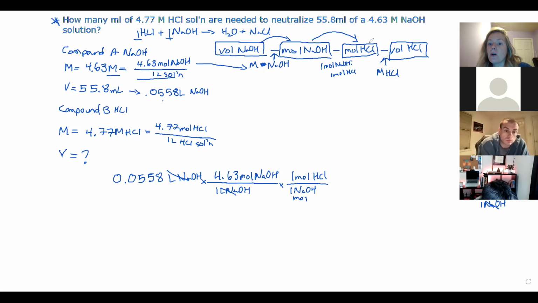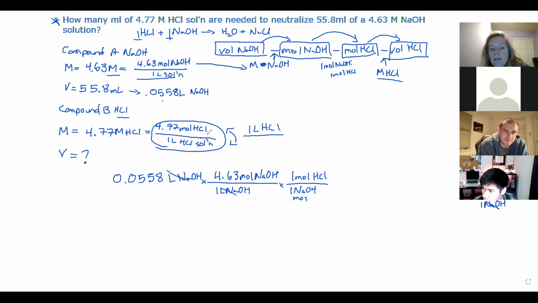And then the last step is to go from moles of hydrochloric acid into the volume of hydrochloric acid using what we have written here, molarity. So here's my molarity of hydrochloric acid, but I don't want to write it like this. I want to flip-flop these because I want to come up with a unit of liter.